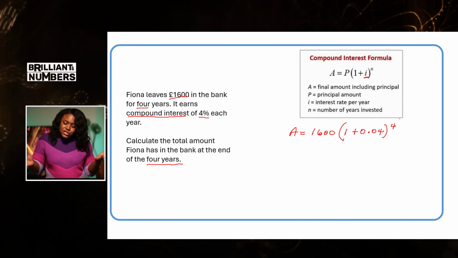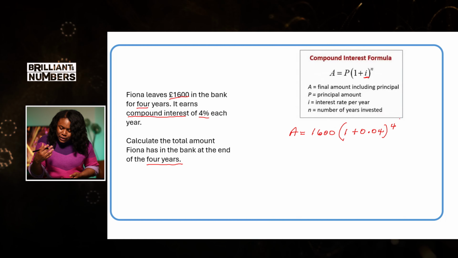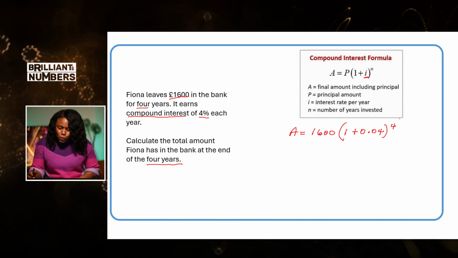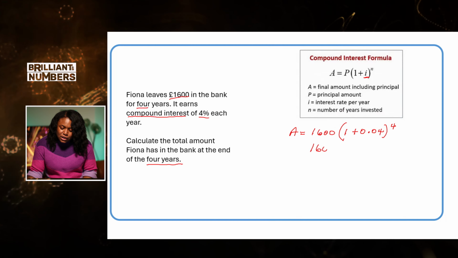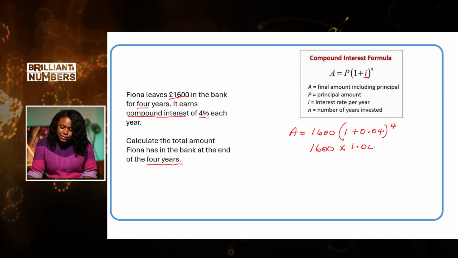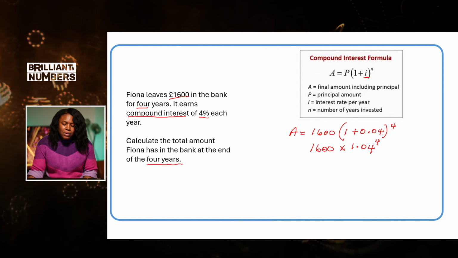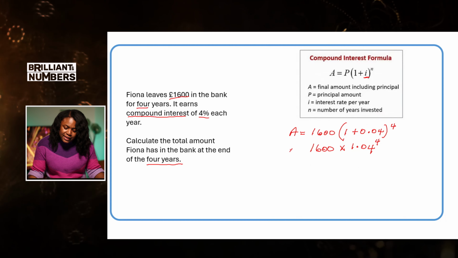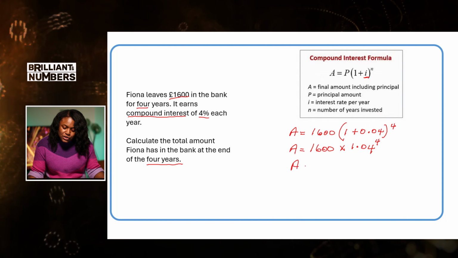Okay, now we could just go ahead and add 1 plus 0.04, which is 1.04. So 1,600 multiplied by 1.04 raised to the power of 4. We put that in our calculator and then we will have found our total.